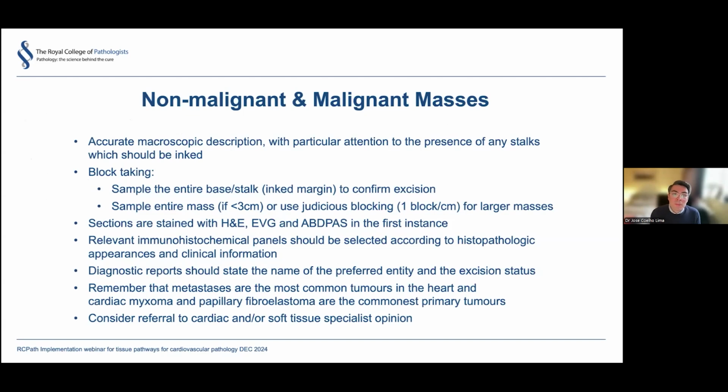And remember that metastases are the most common tumors in the heart, and cardiac myxoma and papillary fibroelastoma are the commonest primary tumors. If in doubt, also consider referral to a specialist cardiac or soft tissue pathologist for second opinion.